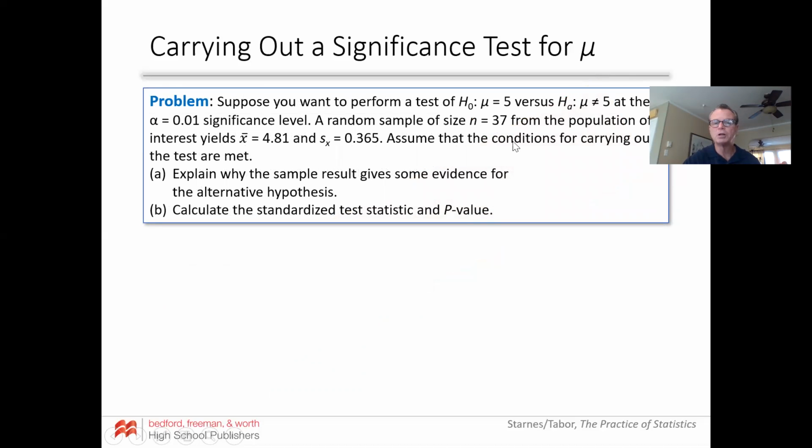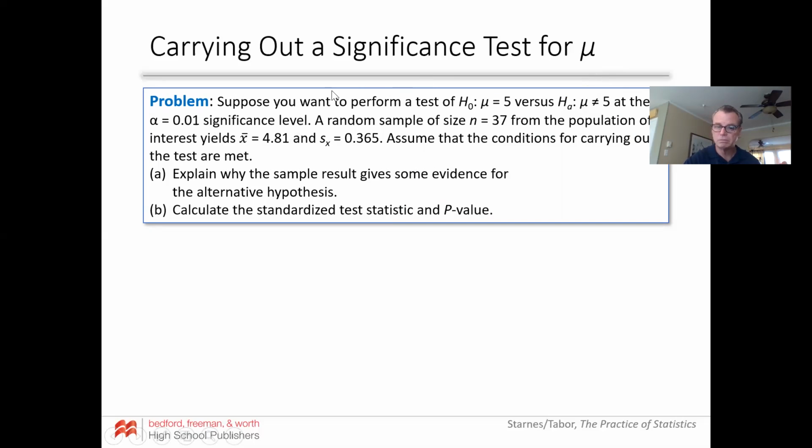So, suppose you want to do this. The null means 5 versus it's not 5. So it's a two-tailed test, not equal symbol. Alpha is 1%. Here's your sample size. Here is your sample mean and your sample standard deviation.